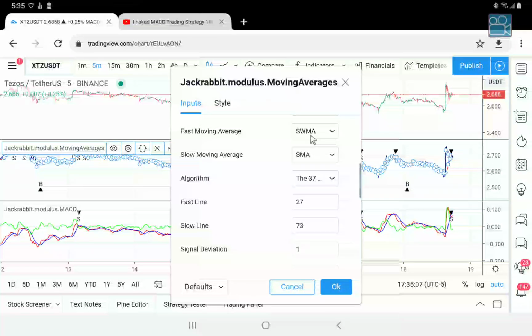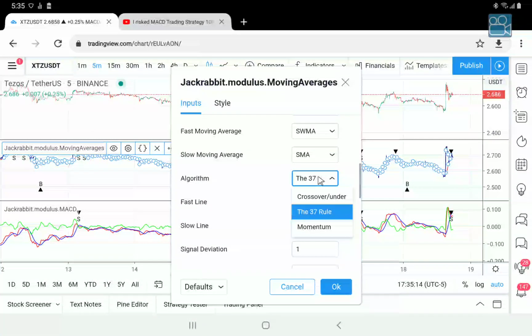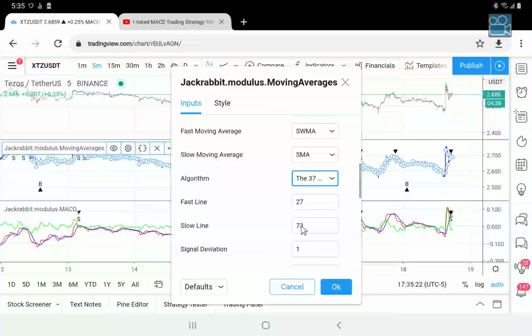Again, this is the poor man's Mesa. This gets ignored because we're using the 37 rule. So all that matters is this one right here. This gets ignored because we're only using this. Now the fast line moves at 27.